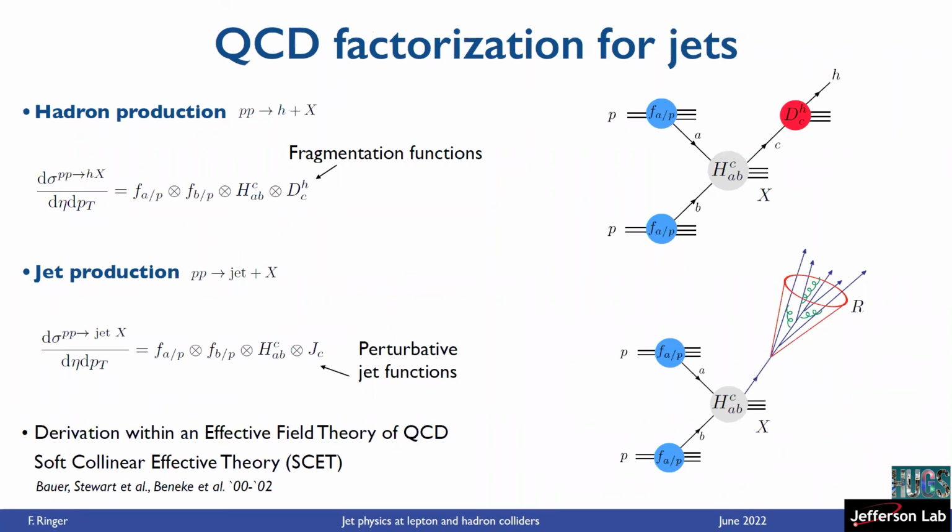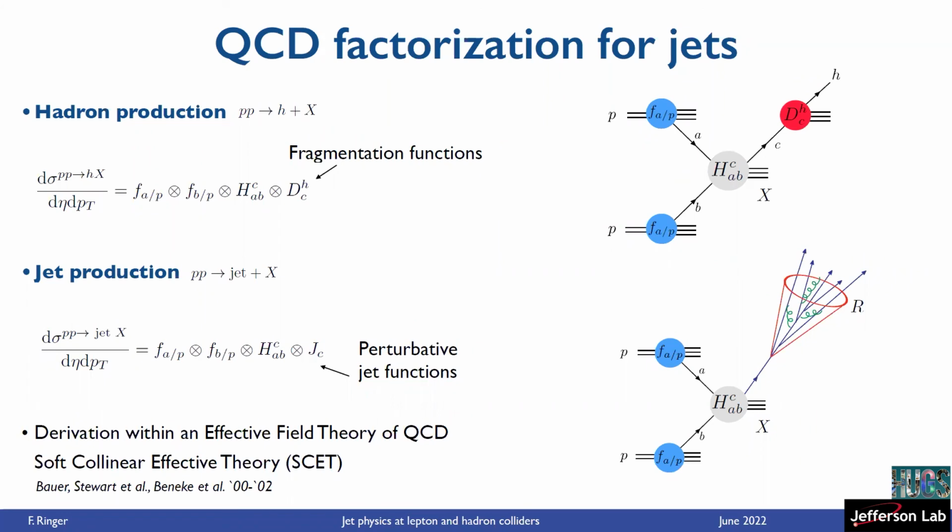So as I mentioned, in this factorization I specifically want to focus on the final state. Here we had a fragmentation function that tells us about the transition from partons, quarks and gluons, to hadrons. We have a non-perturbative transition between them. The interesting thing is, if we're now interested not in inclusive hadron production, but in inclusive jet production, then I can write down the exact same form of the cross section.